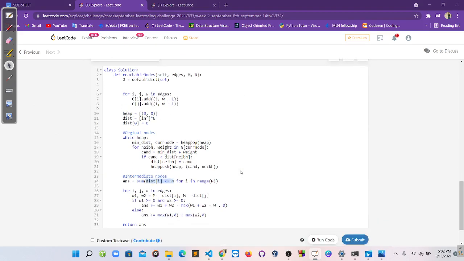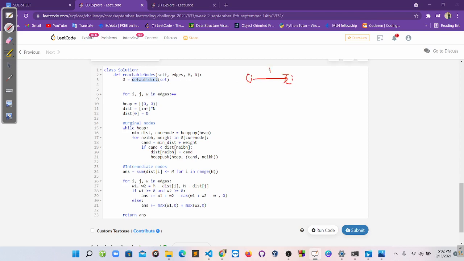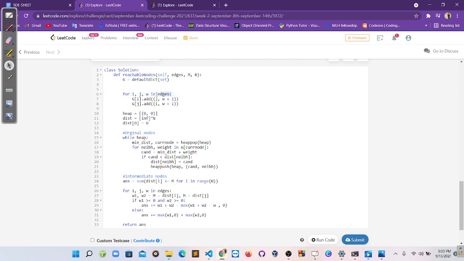Okay, so this is the code. So we are using the defaultdict because here we are simply storing a node and its neighboring node and the weight between the two. So similarly, we are creating a graph, then we iterate over all the edges. i is, let's suppose, the node, j is the neighboring node, and w is the weight between the two.